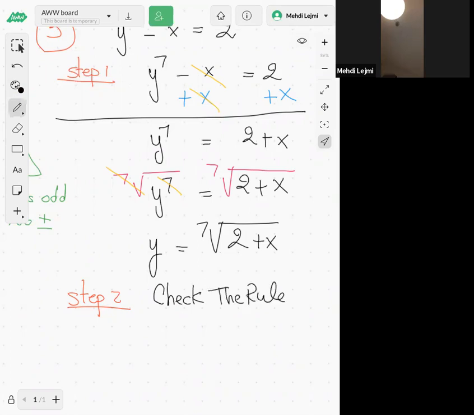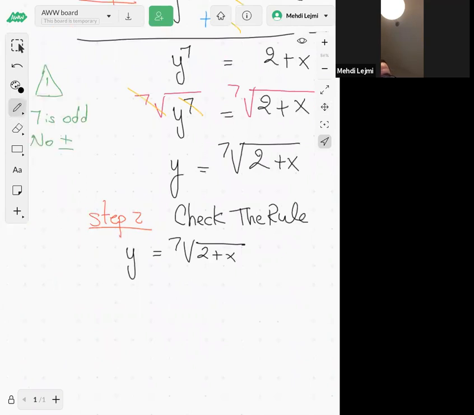The rule again, guys, each input x has exactly one output y. So this is y equal to the 7th root of 2 plus x. I'm gonna take a random value of x, let's say x is 100.